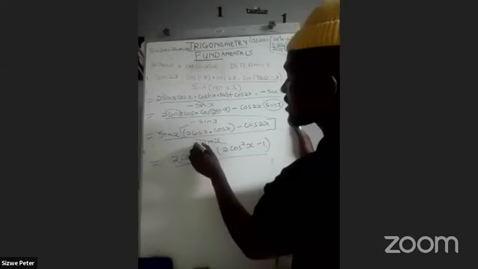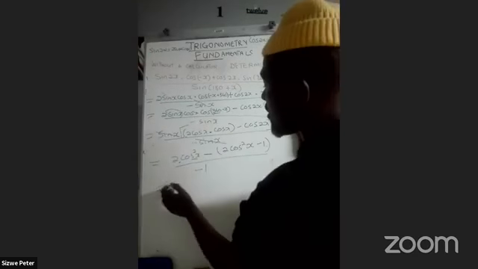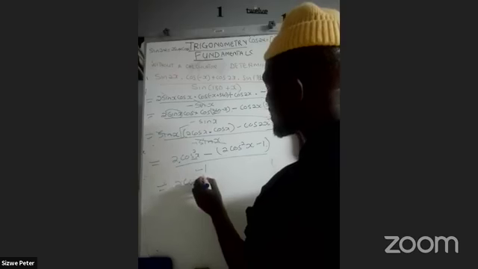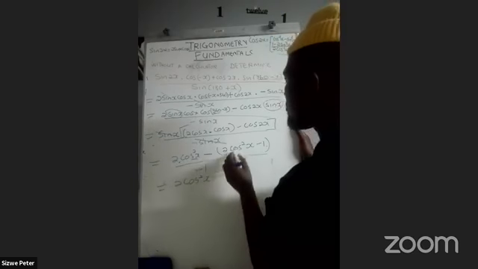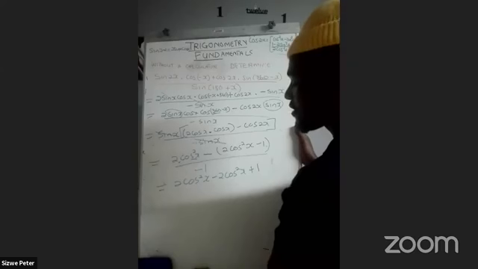Remember, we have negative here. It's minus. That minus is there. This is 2 cos squared x. What is negative times positive? It's minus 2 cos squared x. What is negative times negative? It's positive 1. Are we fine? Yes, minus 1.